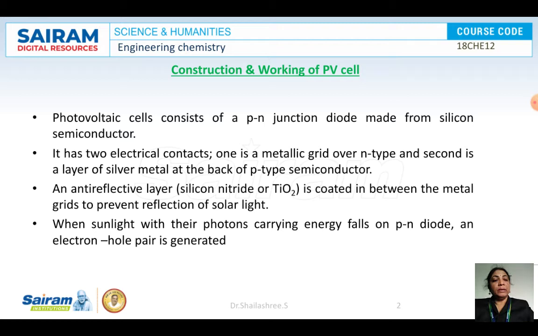You are aware of the PN junction, no? What is this PN junction? How is it made? When silicon is doped with pentavalent impurities such as arsenic or phosphorus, you get N-type silicon. In the same way, P-type silicon is made by doping silicon with trivalent impurities like boron.